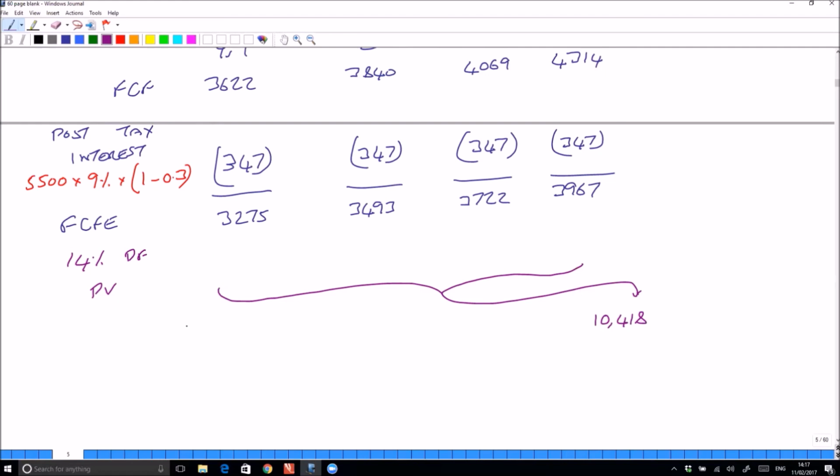What have we then got to think about? It's year 5 off into perpetuity. And we can go about it in exactly the same way. And there's the year 4 free cash flow. There's the growth, and effectively that's the year 5 free cash flow to equity. We then multiply by 1 over R minus G, but this time our discount rate is the 14%. It's still the same growth rate.